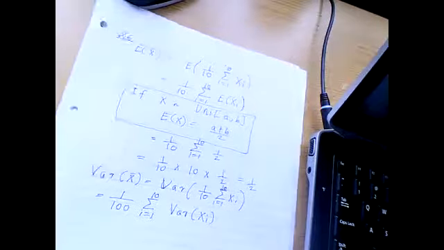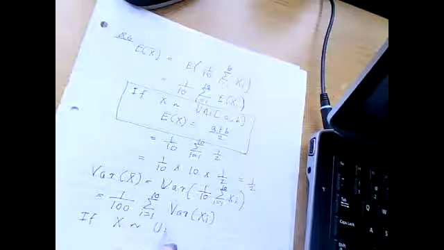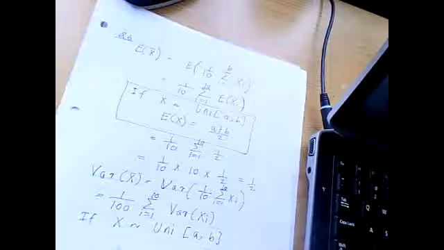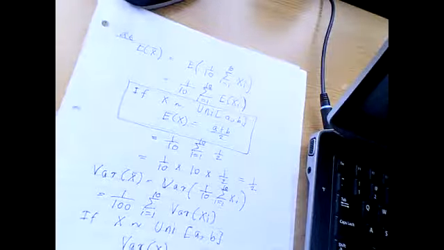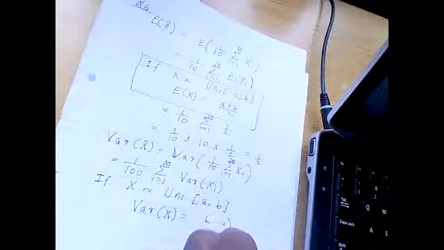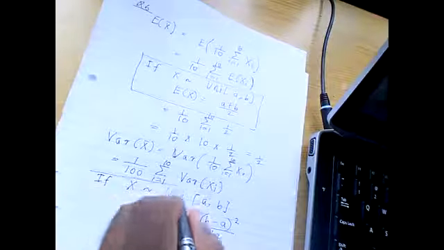Once again, you may recall from probability 1 that if you have a uniform random variable from A to B, then the variance of that variable is B minus A squared divided by 12.